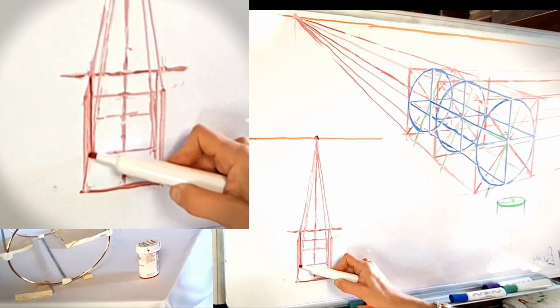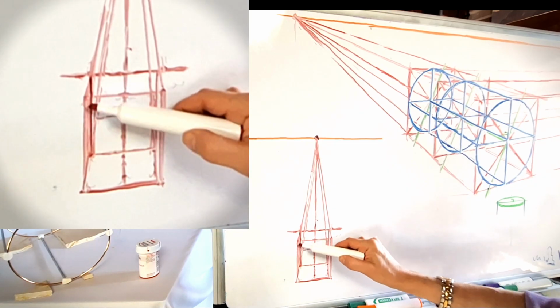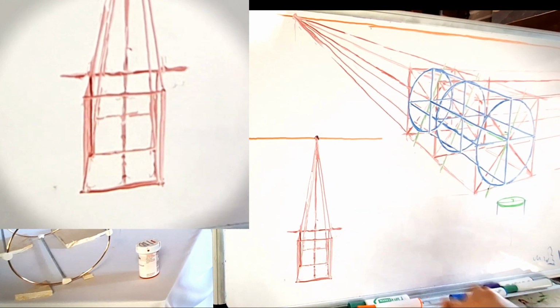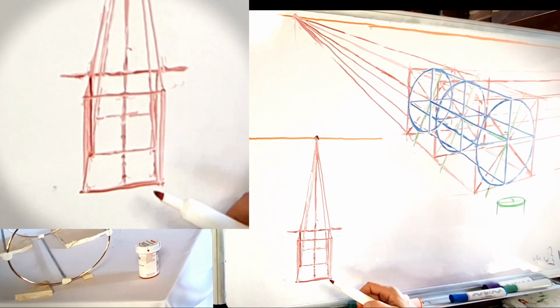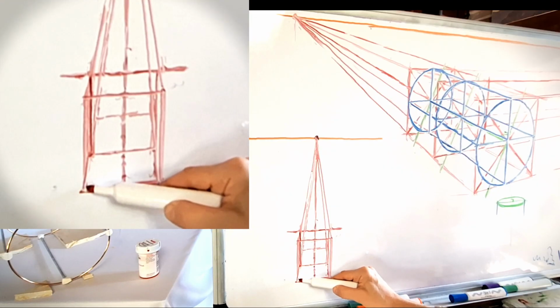So in your sketches, you can do this very lightly. This is why I'm doing it in red, so that you could distinguish one object from another. The box is done. Now the next step, we'll find the center.